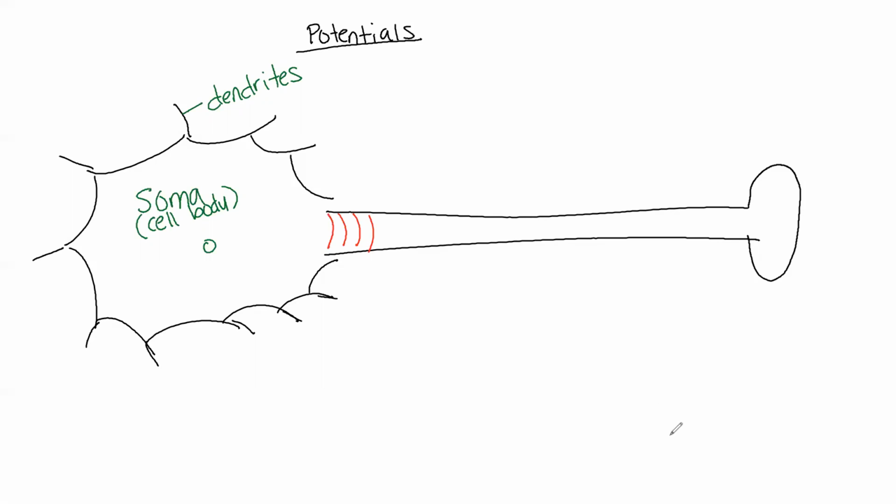This is going to be a really important region in determining whether or not an action potential is fired. We've also got the axon terminal, and then the entire length, which is the axon itself.